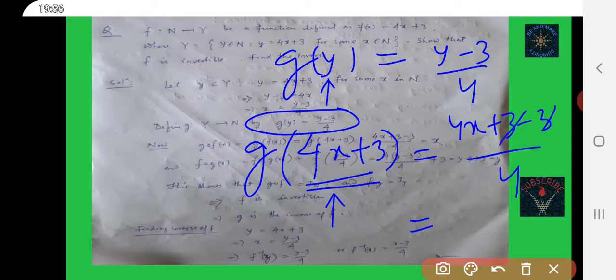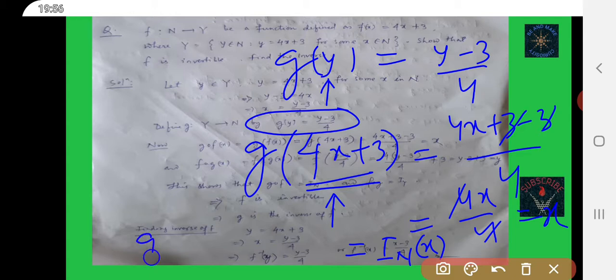So 3 cancels, 4x by 4, 4 cancels, then you get x. x means what? I_N of x. So you got gof is equal to I_N.